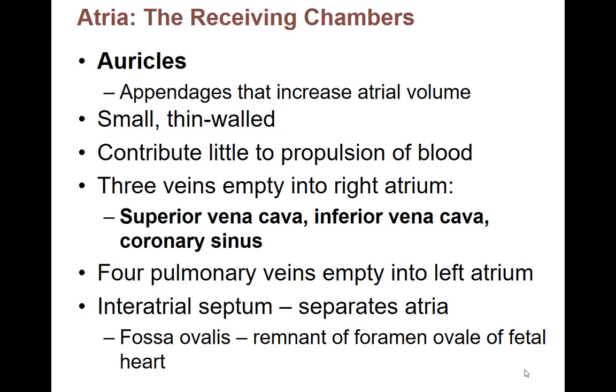Now in lab, there are 3 veins that dump into the right atrium. We looked at the superior vena cava, we looked at the inferior vena cava. There is one other vein that dumps into the right atrium. It's called the coronary sinus. And you're like, well, if the superior vena cava is bringing blood from the upper part of the body, and the inferior vena cava is bringing blood from the lower part of the body, where is this coronary sinus bringing blood from?